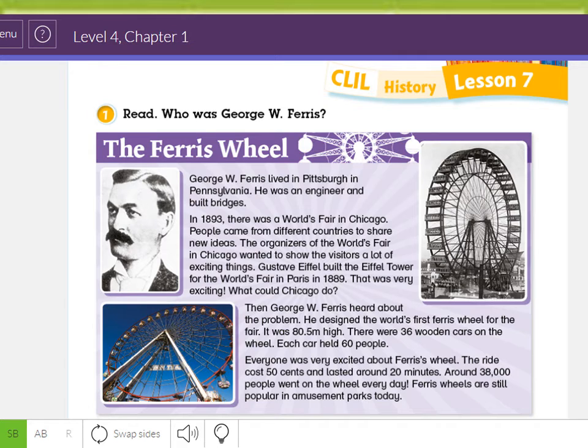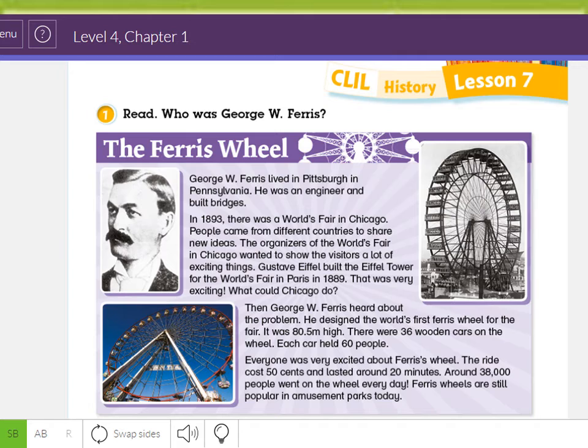George W. Ferris lived in Pittsburgh, in Pennsylvania. He was an engineer and built bridges. In 1893, there was a World Fair in Chicago. People came from different countries to share new ideas.